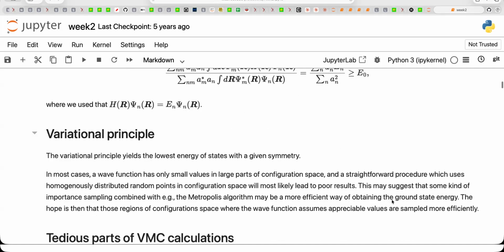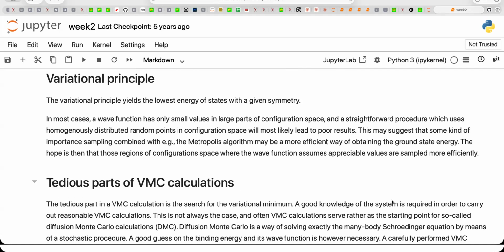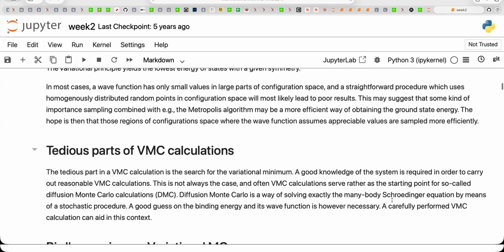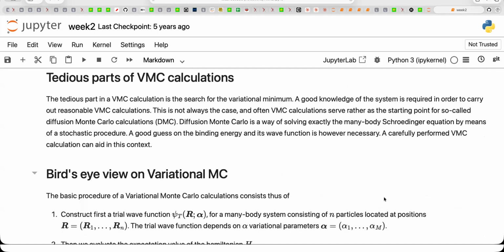So the variational principle is what we did last time. We derived it, and that gives us a kind of benchmark of what we can obtain. But as I say, the tedious part in a variational Monte Carlo calculation is the search for the variational minimum. So a good knowledge of the system is normally required in order to carry out reasonable variational Monte Carlo calculations.